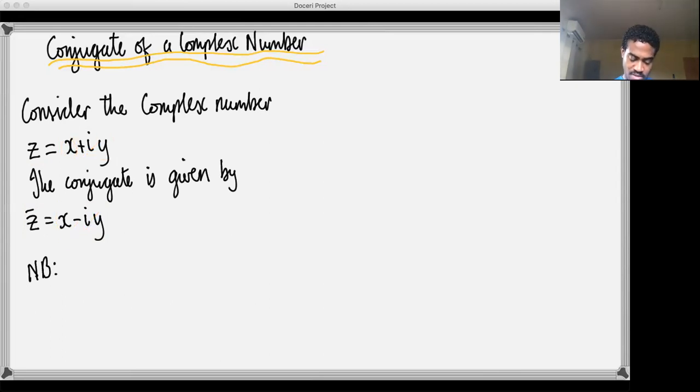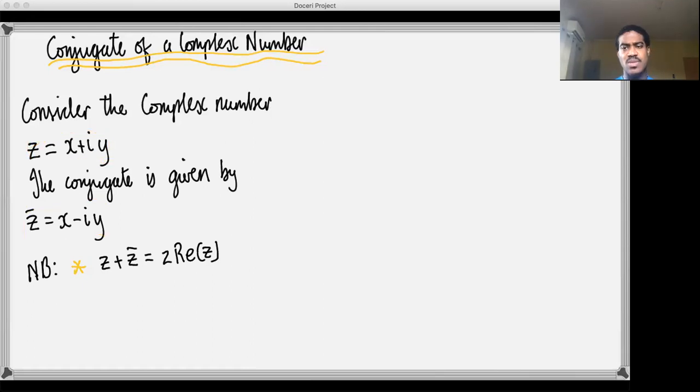And in general, what we see is that the complex number plus its conjugate is 2 times the real part of z. So that's the first little result we notice about the complex number and its conjugate.